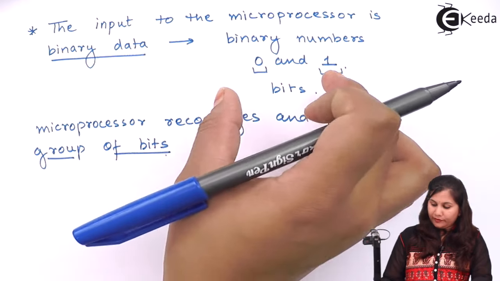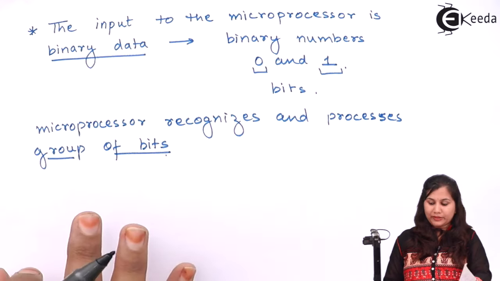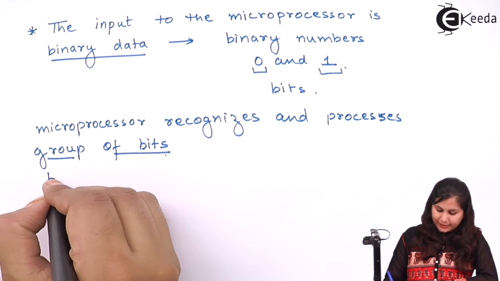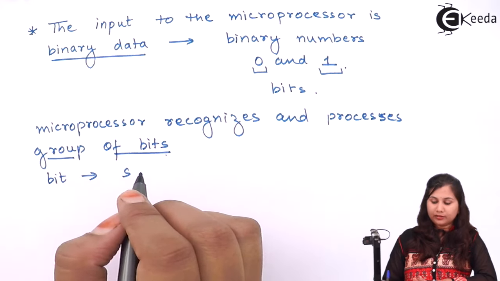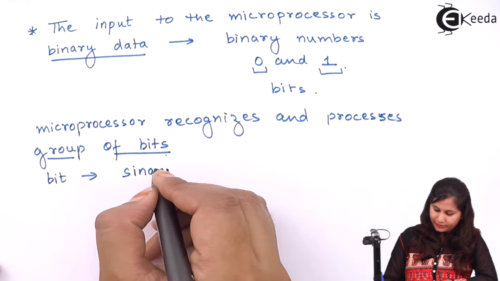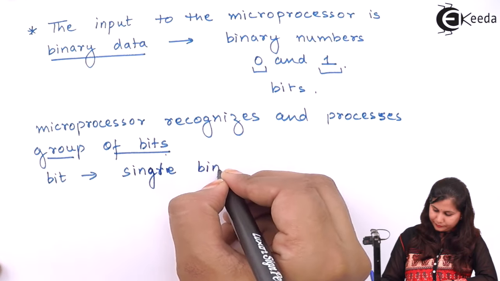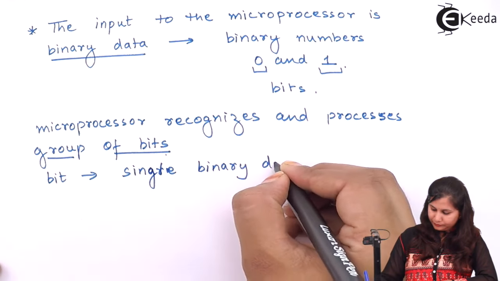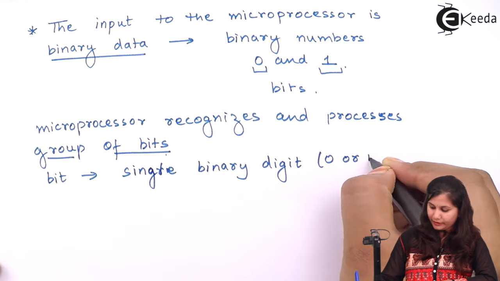So we are going to give a group of bits as an input to the microprocessor. A bit is the basic unit of numbers. It is a single binary digit, that means 0 or 1.